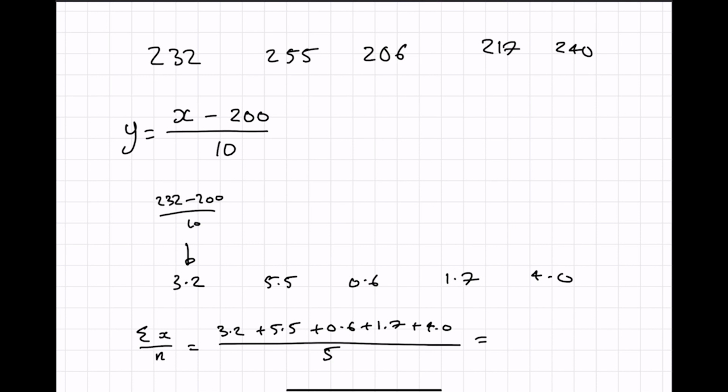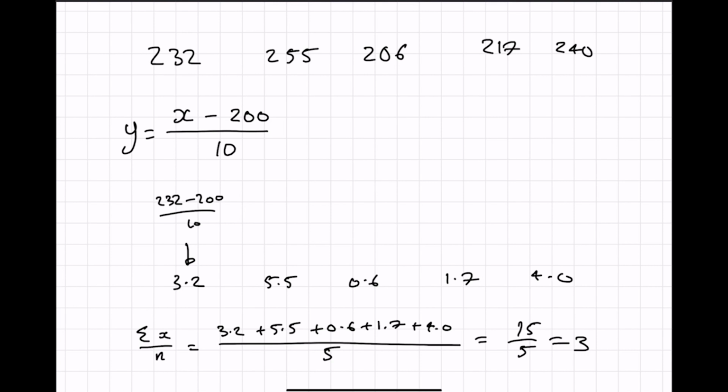Let's just try that out on the calculator: 3.2 plus 5.5 plus 0.6 plus 1.7 plus 4, yeah, 15. Over 5 gives us 3. So our coded mean is 3.